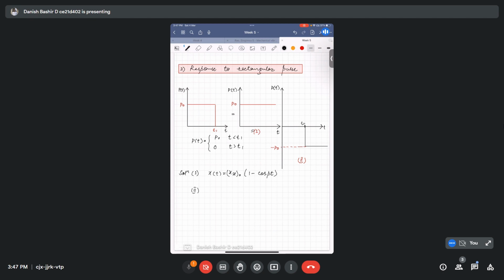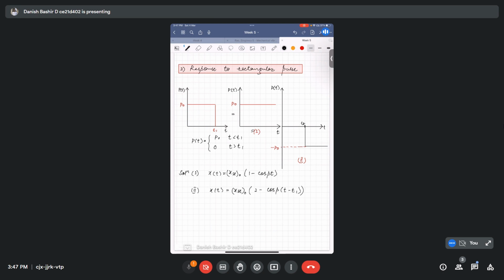So it is delayed by a time duration t1, and we have to write all the parameters delayed by time t1. Since P naught is the same for both, x static naught will be the same, but here it will change to 1 minus cos p, delayed by time t1, so t minus t1. That is the simple thing we have to do here.